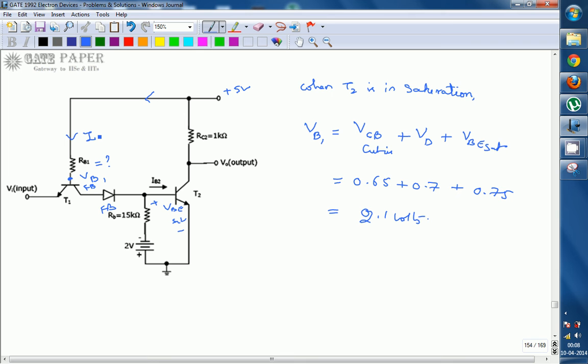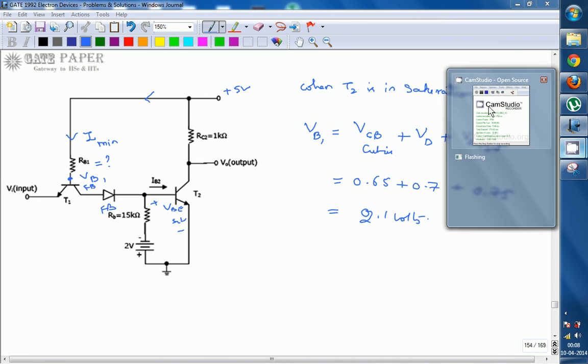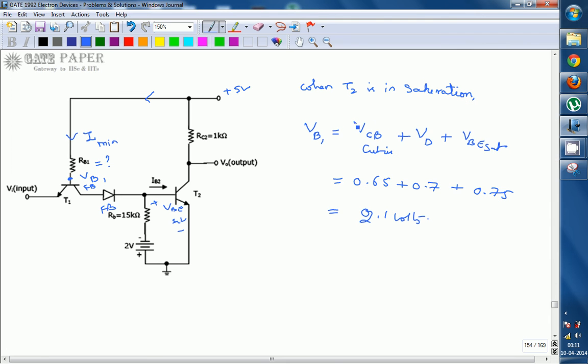We are going in this way. Let us make it I itself.